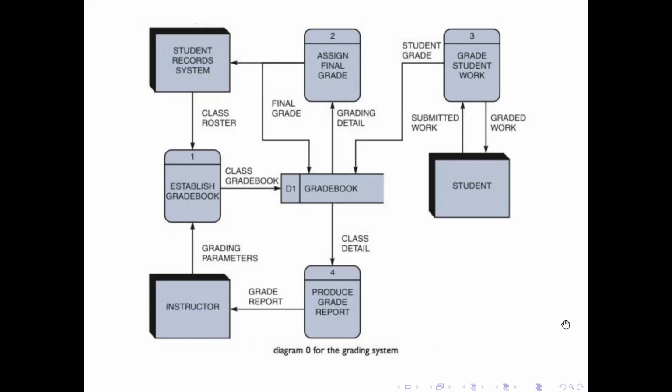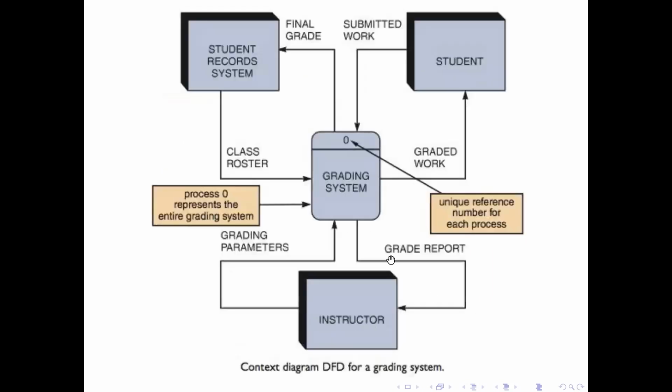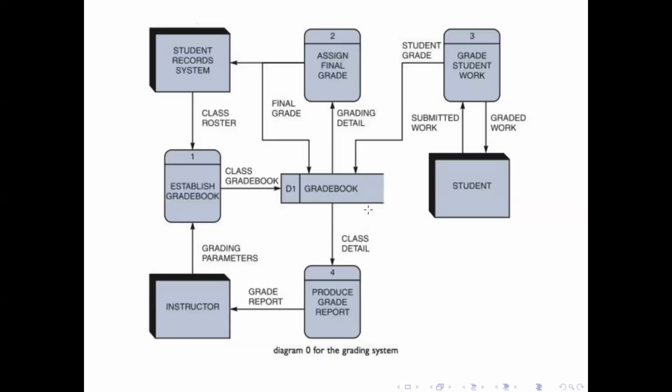Yes, one thing is it has data stores, which we have not seen in the previous one. What else? Multiple processes. Multiple processes, a good point. Yes. Now, usually when we have a context diagram, we have only one process here, and that is the only one that represents the whole system. But when it comes to level 0 or going down in levels, then you have more processes.